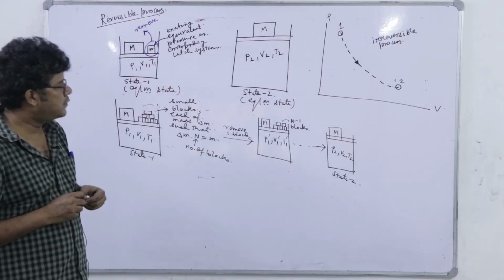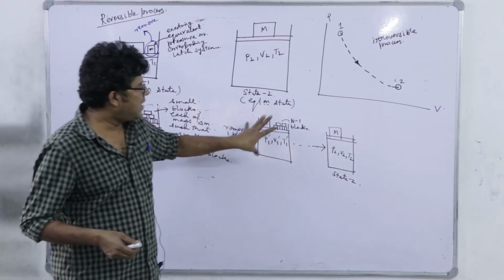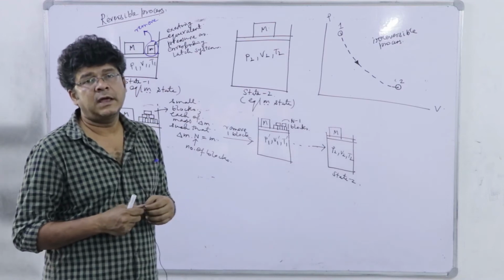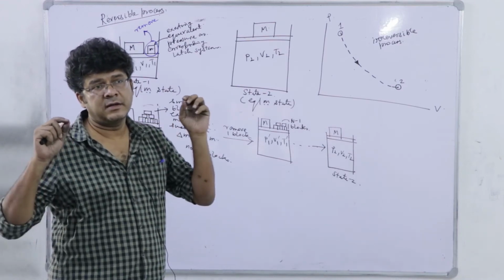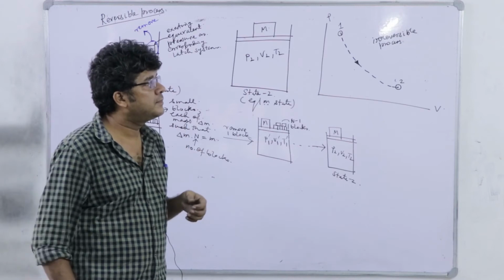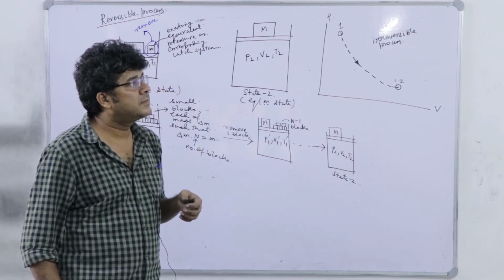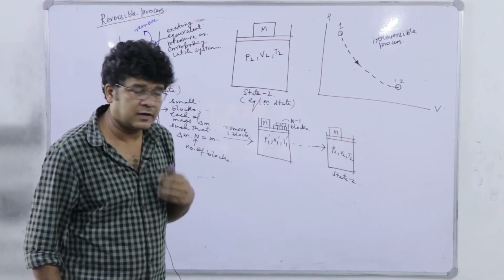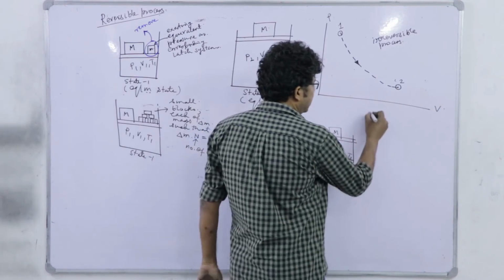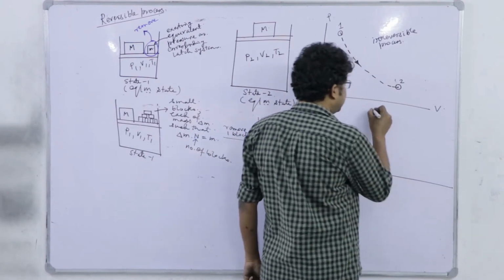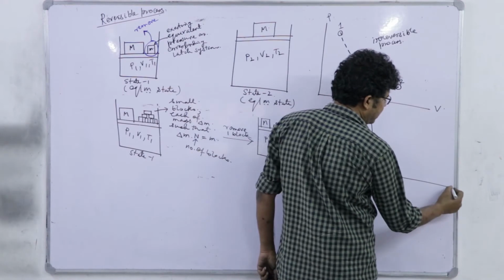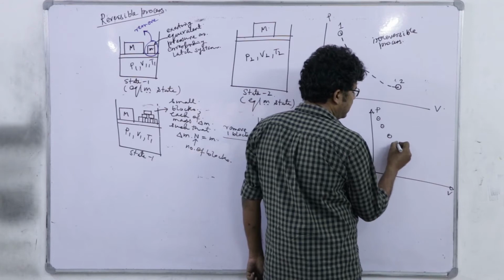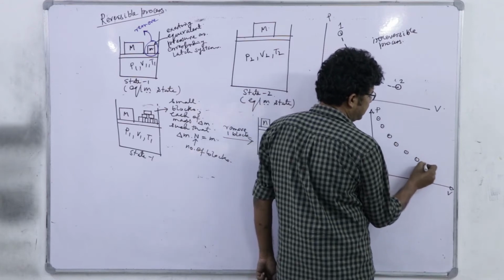Right. So you see, as we are removing the blocks one by one, we actually are generating some intermediate points where the system is in equilibrium with the surrounding. So even though we cannot trace the entire graph, we can actually represent some of the points.